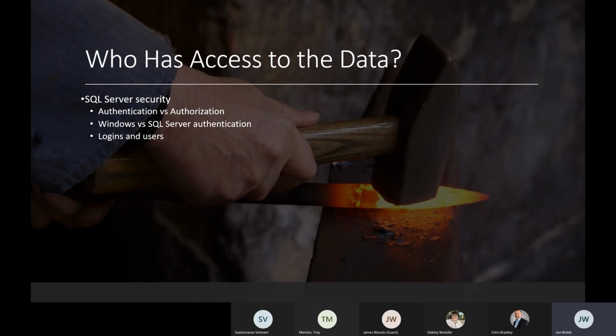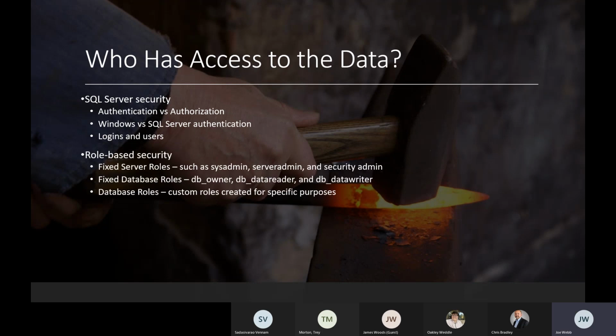And that's important to understand, because we can turn on password complexity requirements and policy requirements inside of SQL Server, but we also need to manage that because some users can opt out of that. And then logins are essentially the way SQL Server allows a connection to the instance, and then the users are inside of a database.